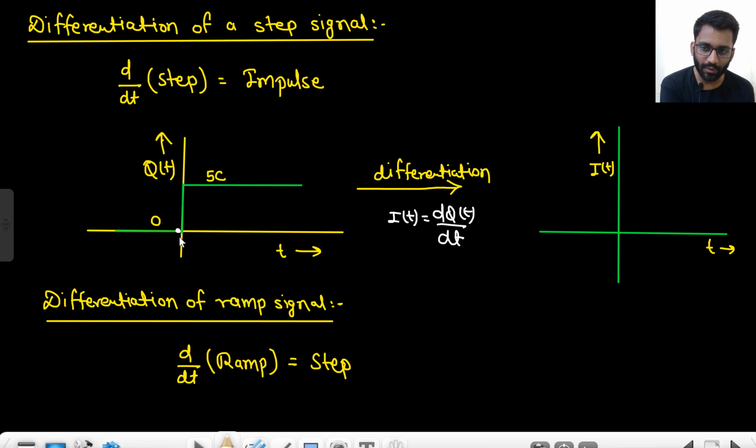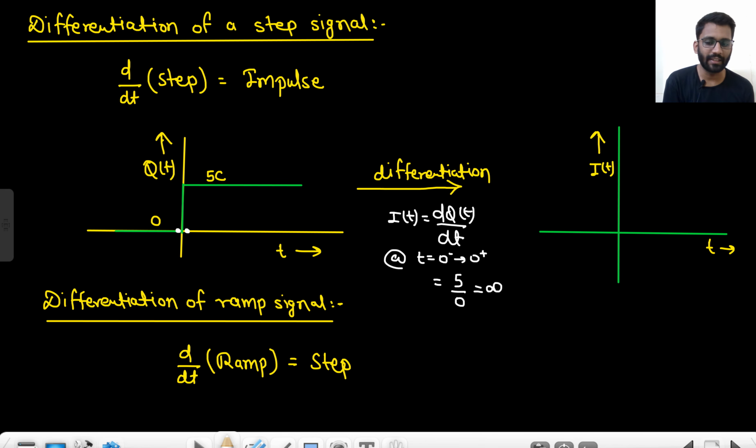Suddenly at t equals 0, from here to here if you go, you are suddenly having 5 coulomb charge. So from t equals 0 minus to 0 plus you are having 5 coulomb of charge, but the time is 0 only, and the magnitude is infinity.